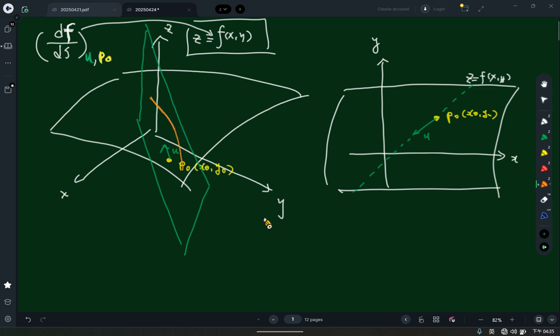And especially the point will be mapped to some important point. This point will be x0, y0, then f of x0, y0. This is a 3-dimensional point, right? By mapping P0, x0, y0 through this function, you get the height f of x0, y0.